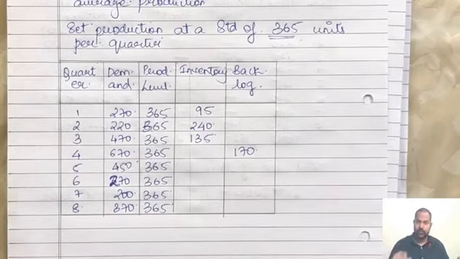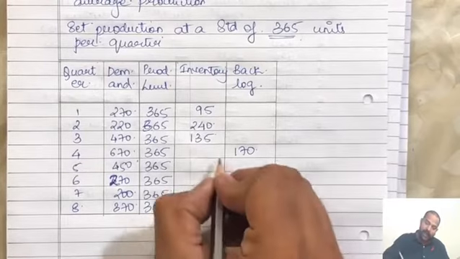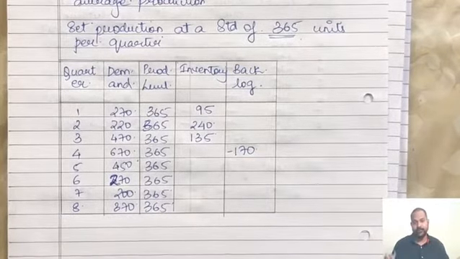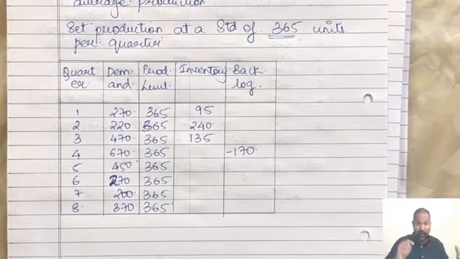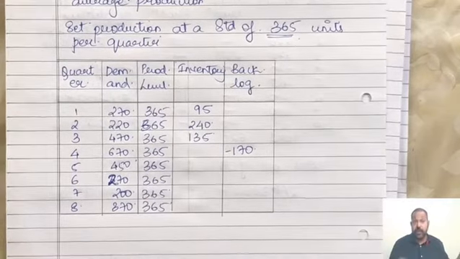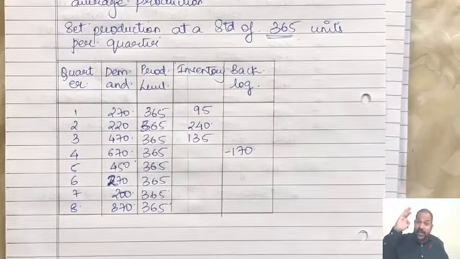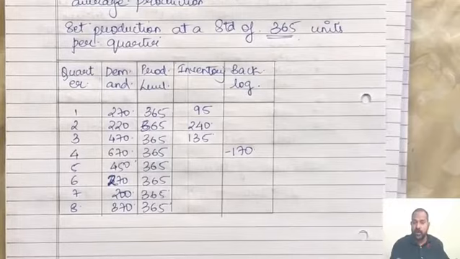Well, let's continue. Now what will happen? Can I say in other words, a backlog will be basically a negative demand? So this is what I'm going to do in the next period. I am going to produce 365. But out of this 365, 170 is previous period's backlog that I have to fulfill.